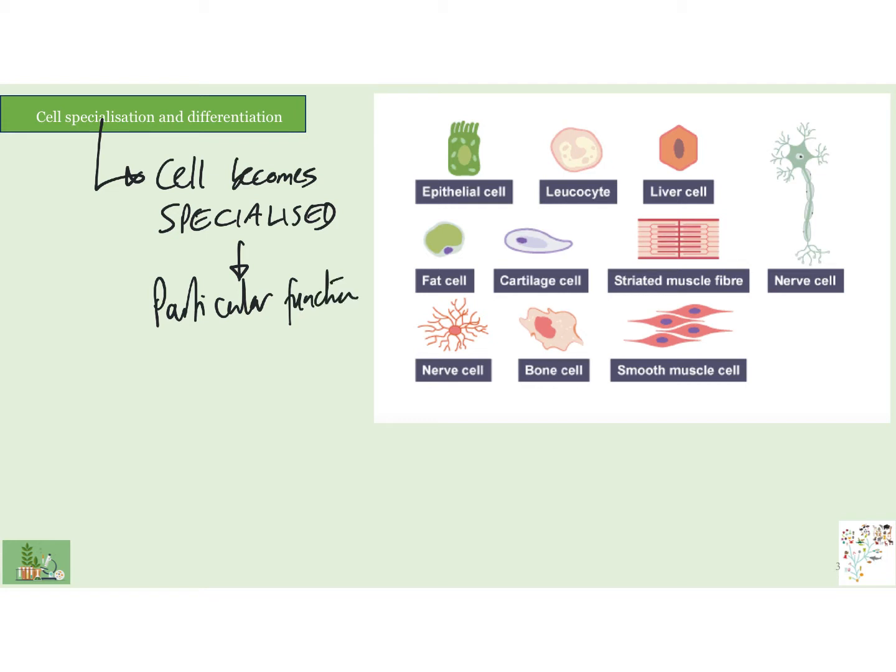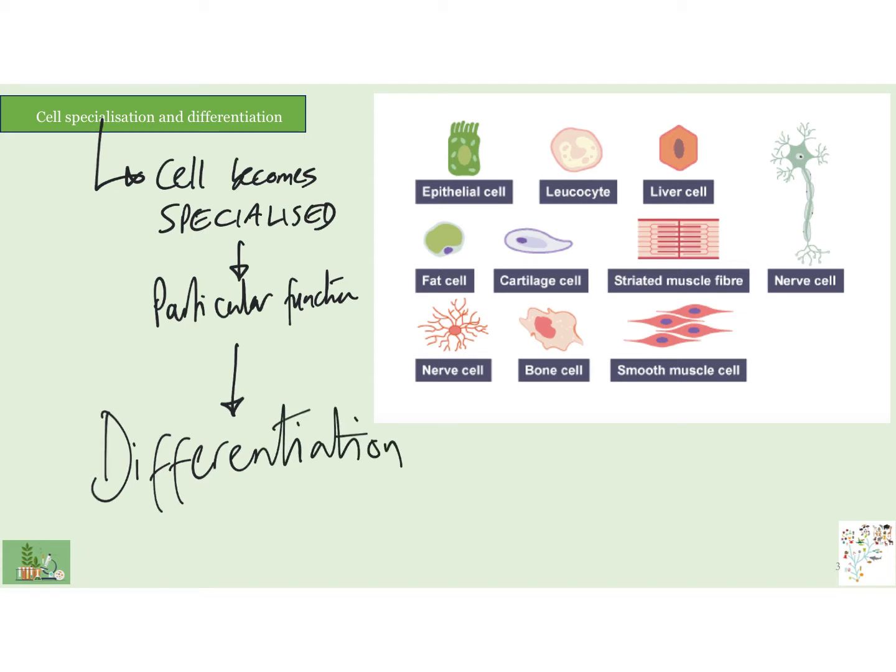And a cell becomes specialized through a process of differentiation. Which again does exactly as the word says. It's when a cell becomes different.